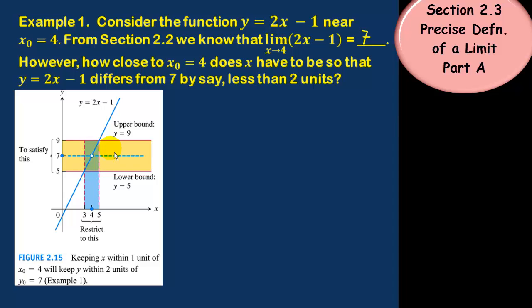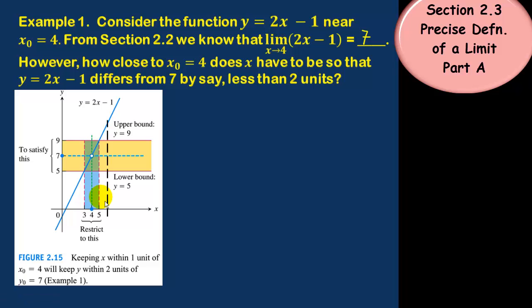So there, we have created a horizontal strip centered at y equal to 7, and we have also created a vertical strip centered around x equal to 4. See that if we keep our x's within 1 unit away from 4, that will guarantee that our y values will be within 2 units away from 7.